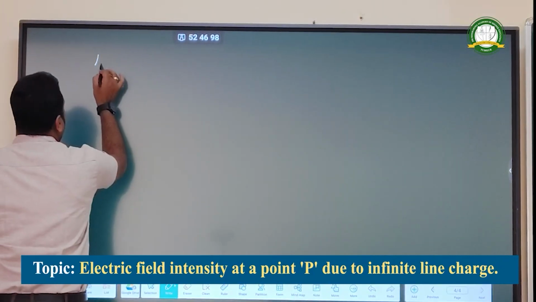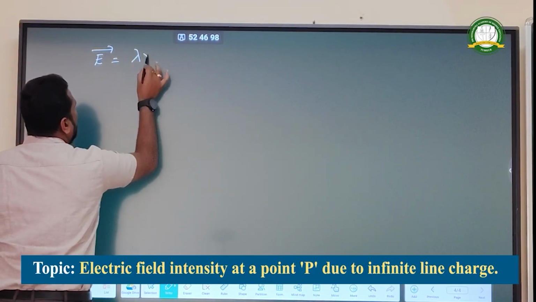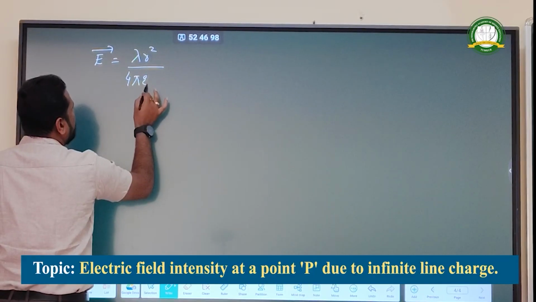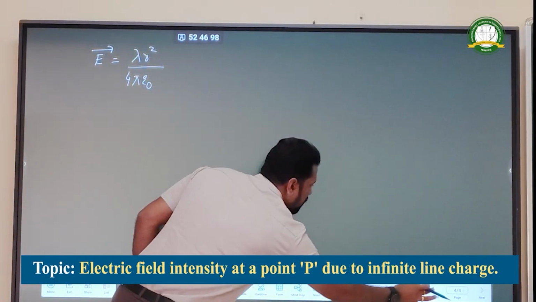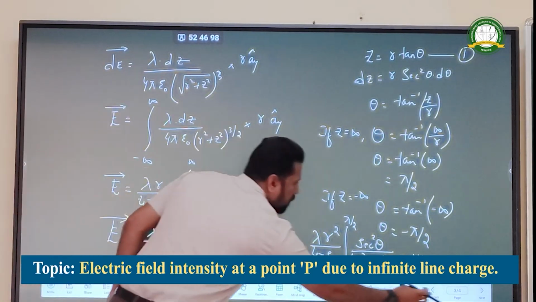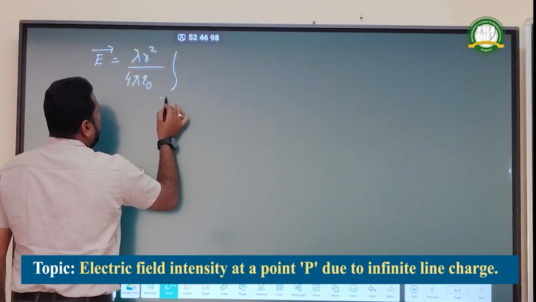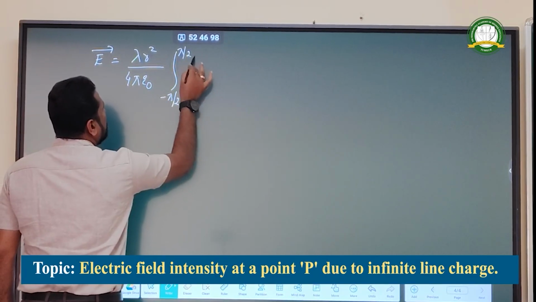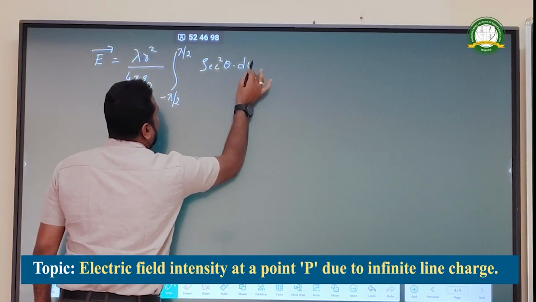So E vector is equal to lambda r square divided by 4 pi epsilon naught, integration from minus pi by 2 to pi by 2 secant square theta d theta.